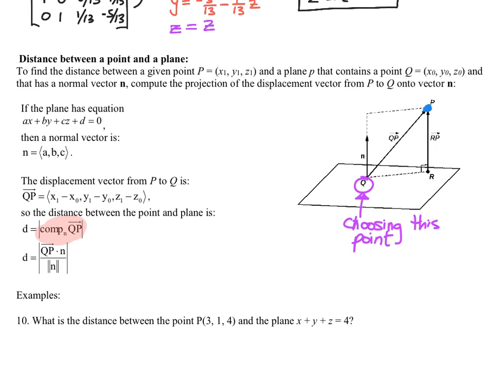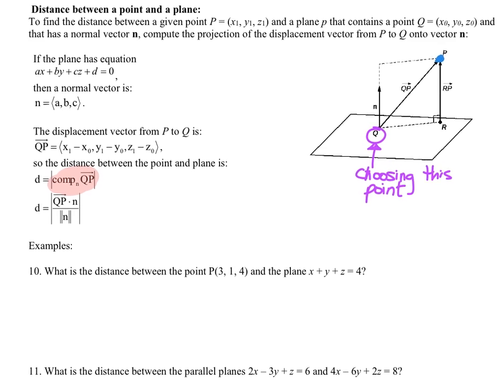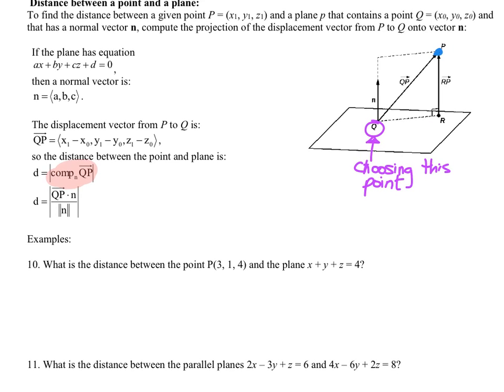I'll play around with the example first, and then I'll get into the proof afterwards. So this point Q can be literally anything that satisfies this equation. My first instinct was 1, 1, 2, so that's what I'm going to go with. Any point that satisfies the equation.